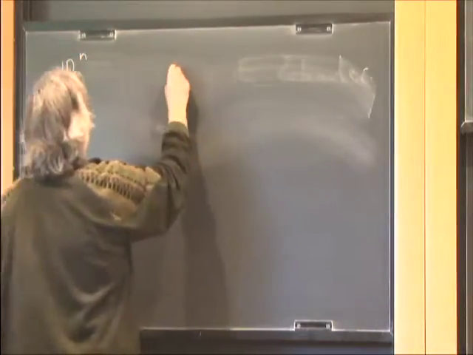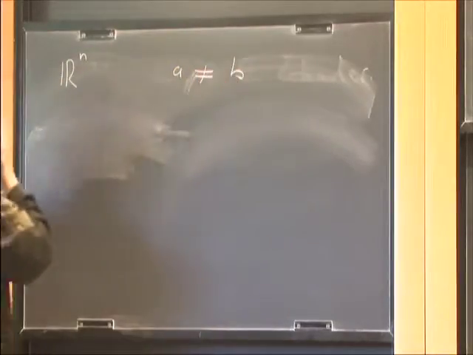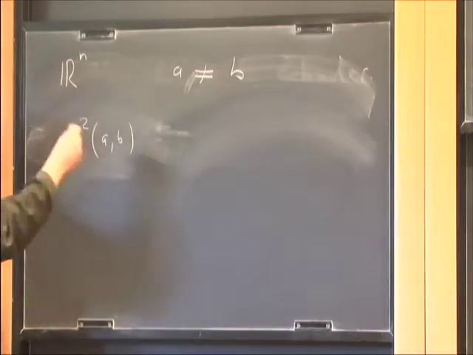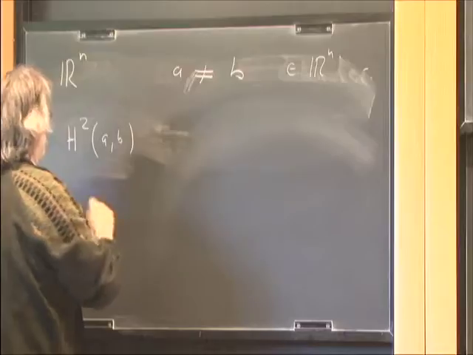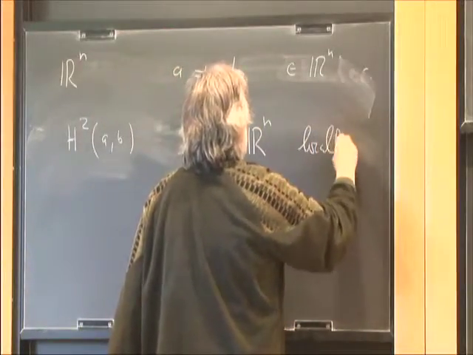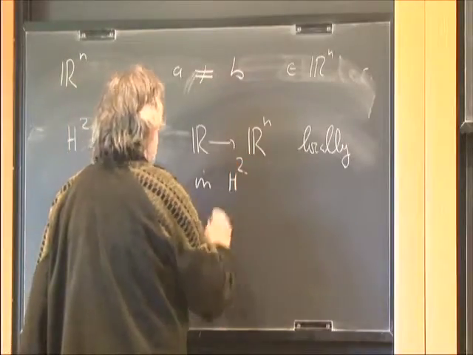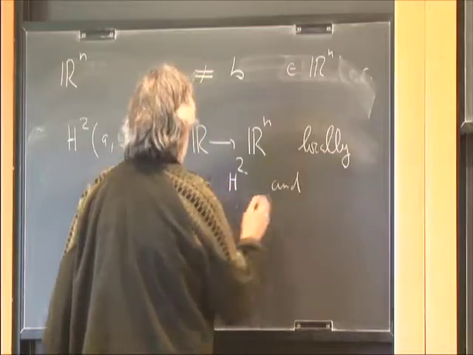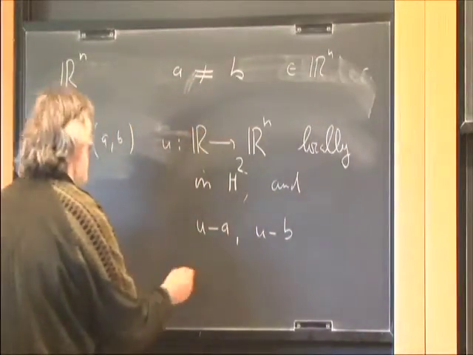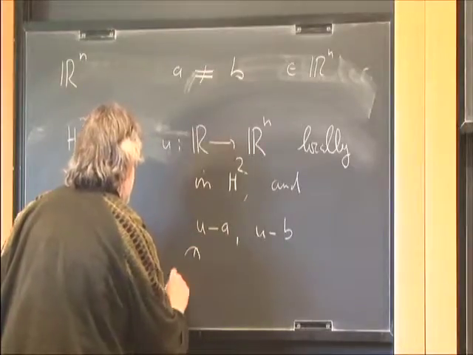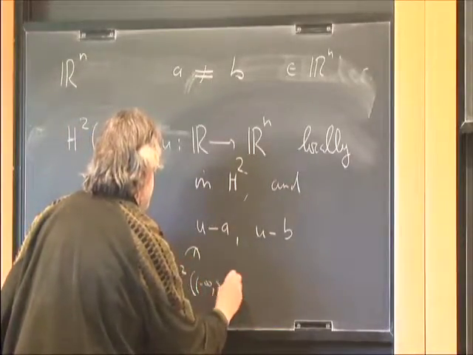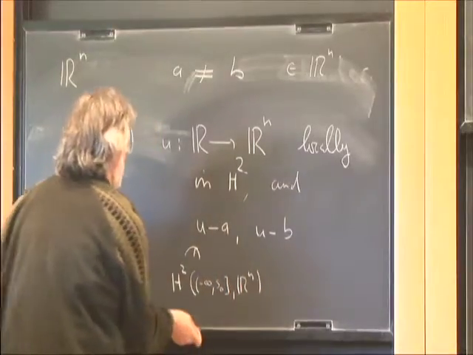We have R^n, and let me assume I have 2 points there, A and B. Let me define the Sobolev space: these are maps u from R into R^n, locally in H2, with the additional property that u minus A is in H2 of (minus infinity, 0] with values in R^n, and similarly u minus B is in H2 on the positive tail.